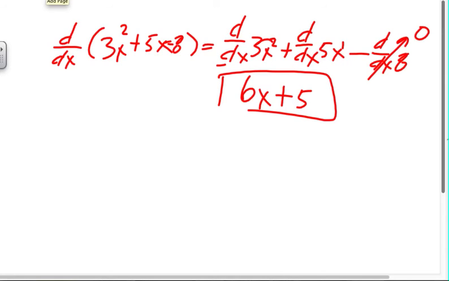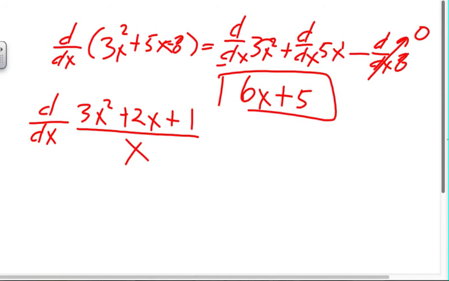Okay, now let's take a look at what happens when you get something which looks a little nastier. We'll learn another way to do this in a little bit. But one thing you can do is to rewrite the denominator.